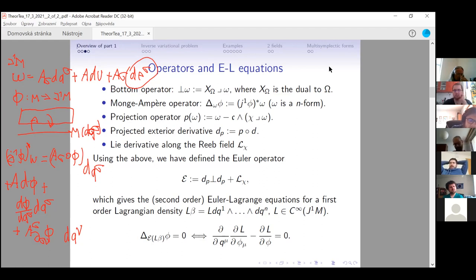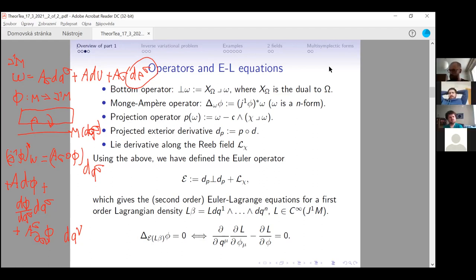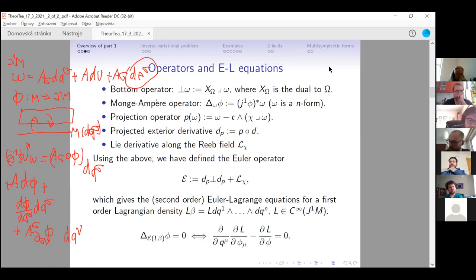Exactly. I guess this also answers my confusion, because you don't really want this to be invariant under all coordinate transformations on the jet space. You only want it to be covariant under those base-induced coordinate transformations, and that's fine because those vanish on the contact form. That's the only thing which would screw this up.